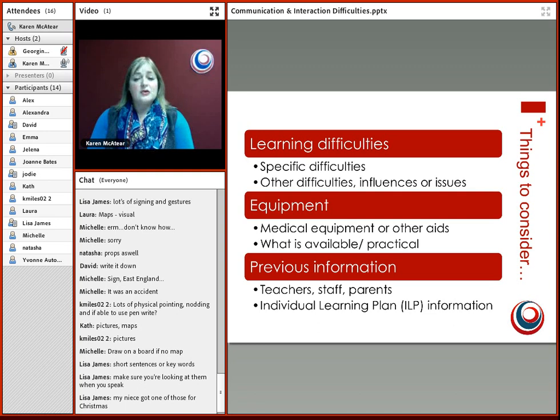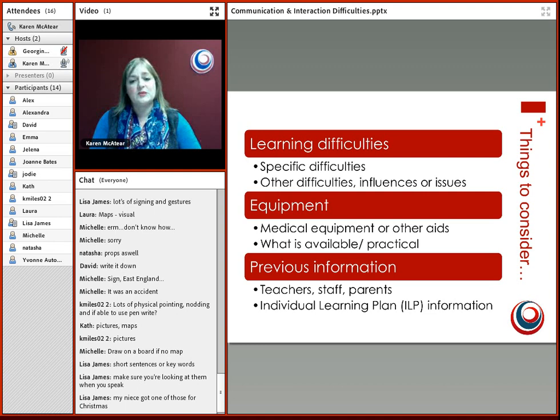And some of those things could be the other children in the class. So you have one child in the class of 30 who has learning difficulties, and he has communication difficulties, and you're trying to get him to be part of that class and to interact with that class. You then also want to get the other children in the class to interact with that child, don't you? You don't want them to be isolated.